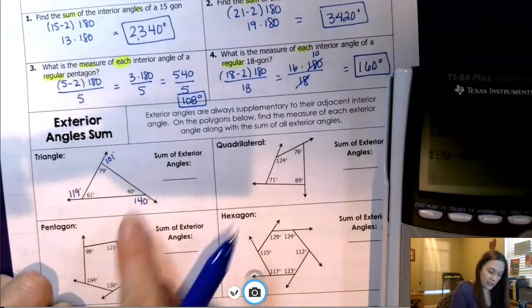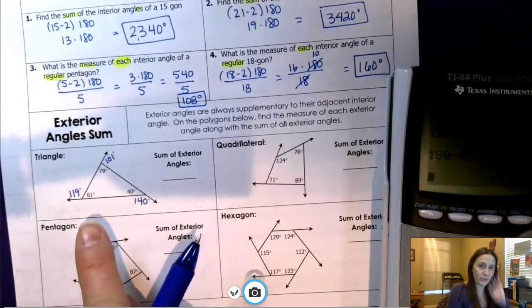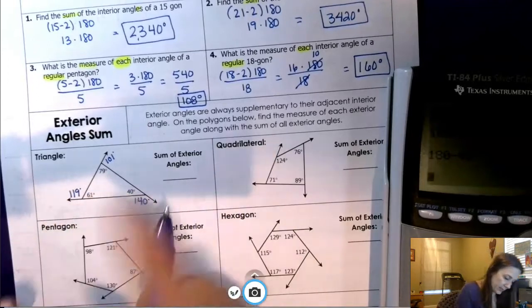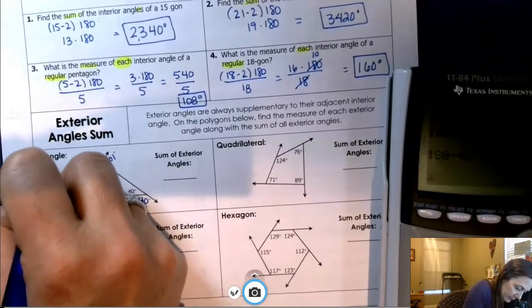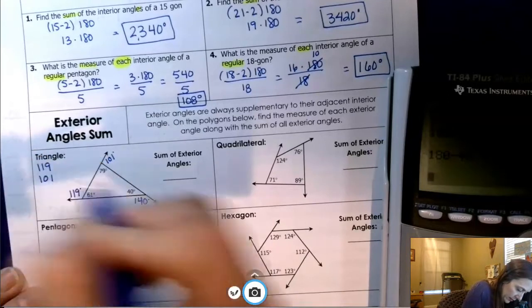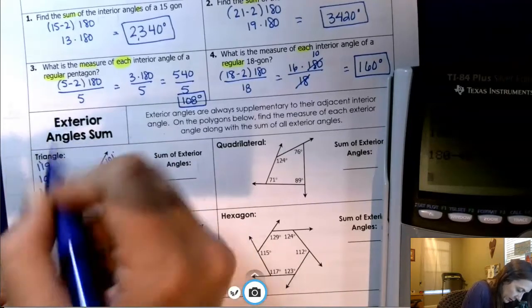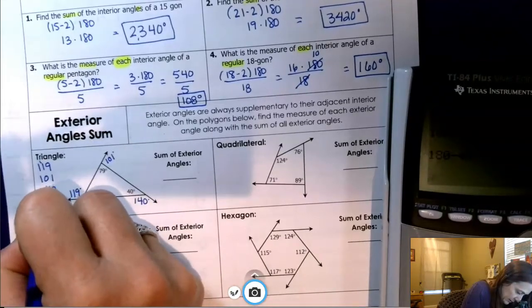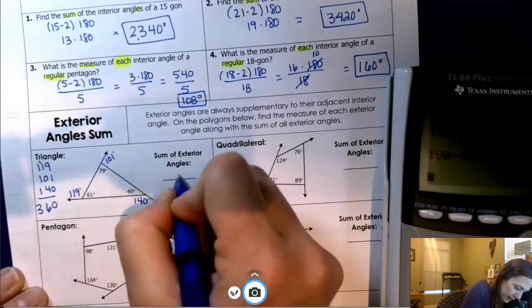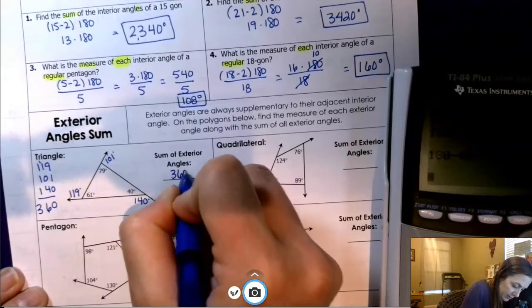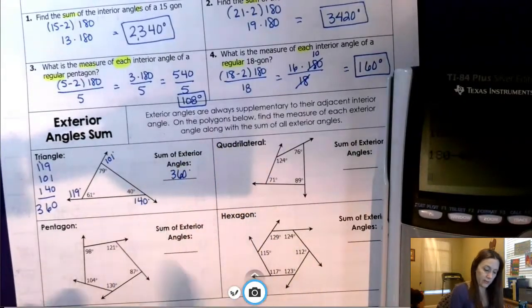So those are each exterior angle. Now what I want to do is add those together. Add these three numbers together, 119, 101, and 140. 9, 10, 4, 5, 6, we get 360 degrees for the sum of the exteriors.